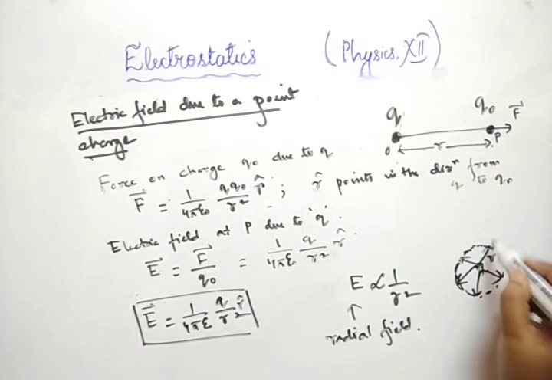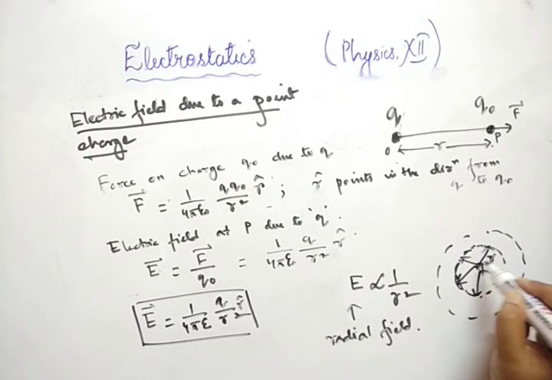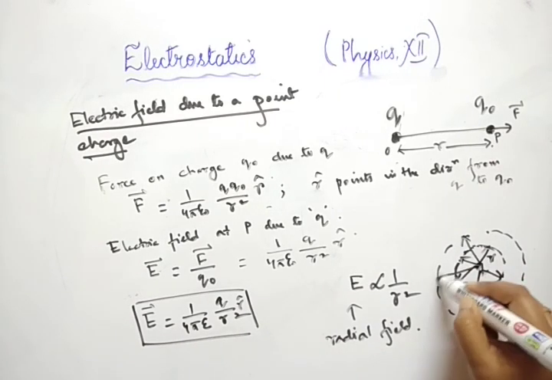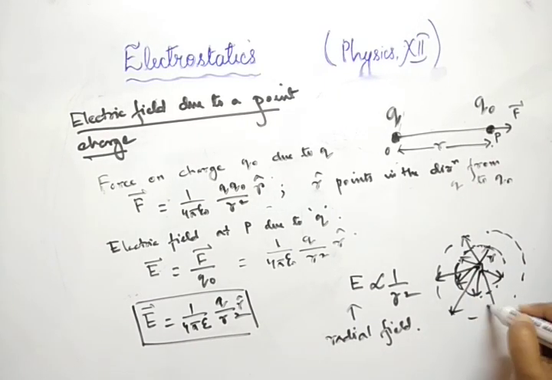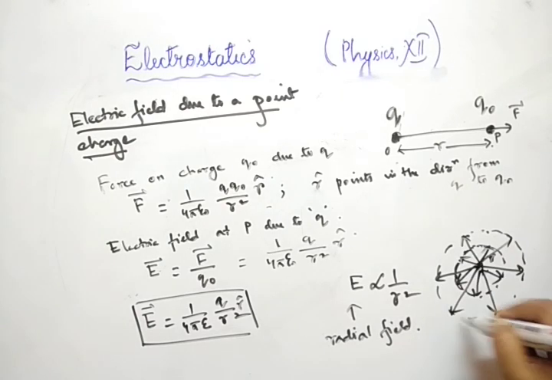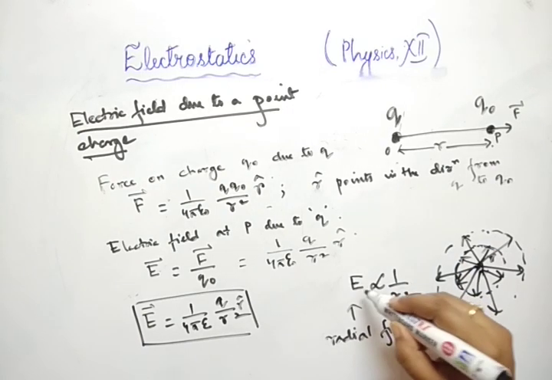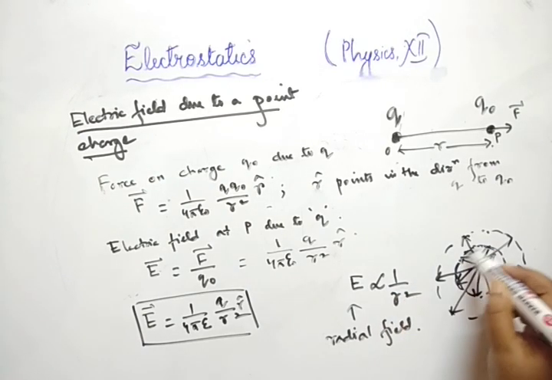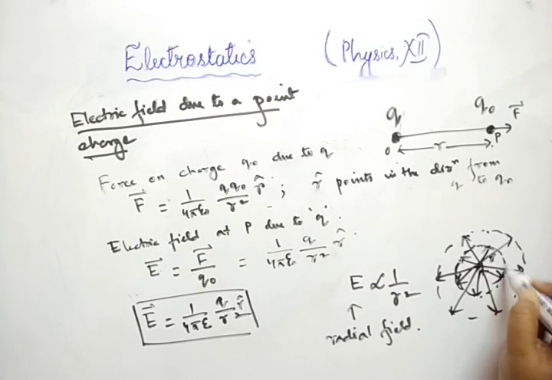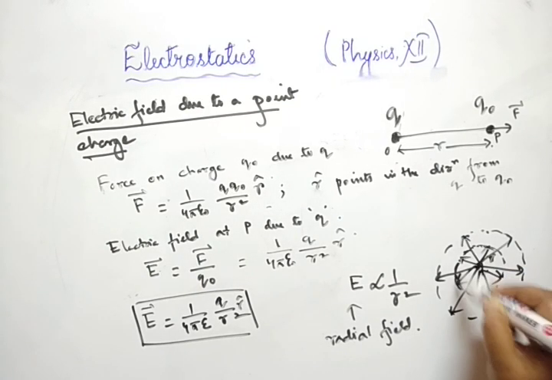Now if you take another radius R, here also you will see that at this distance from the center, the electric field's value is the same around this locus. That means with changing R, E also changes, but at the same R, the value of electric field will be the same.